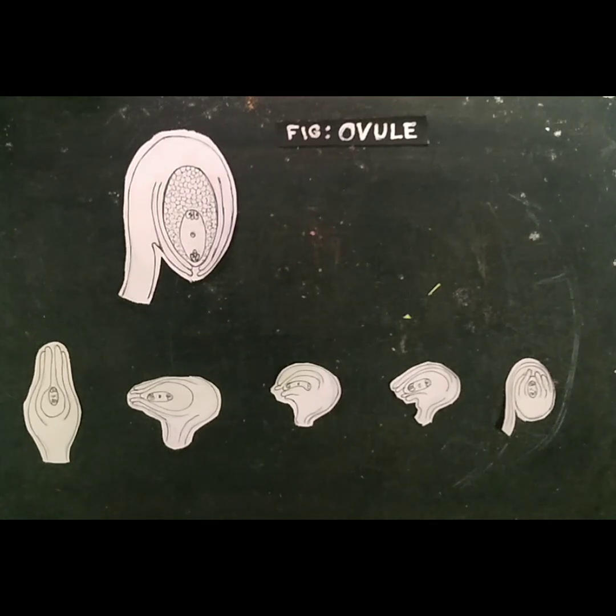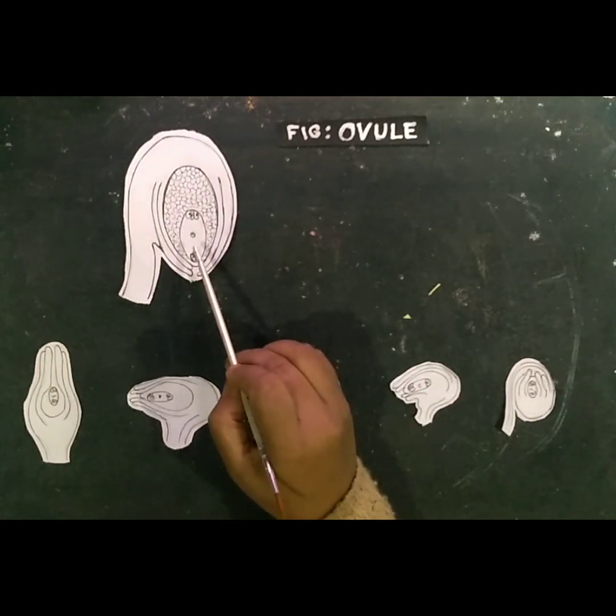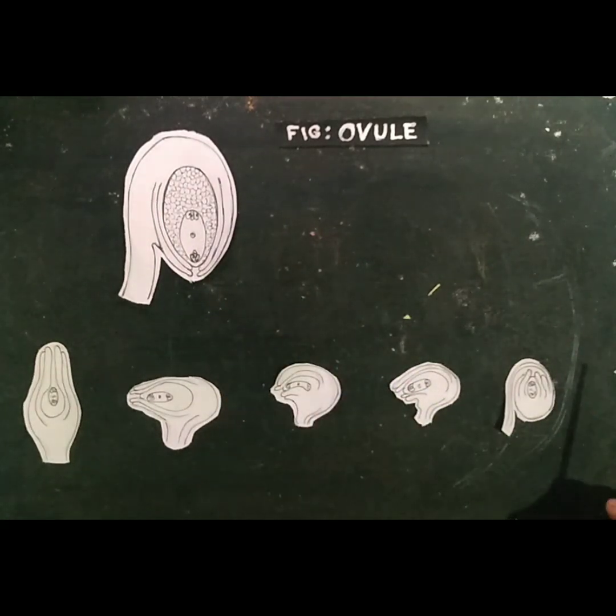And finally we have the circinotropous type of ovule. Here the ovule is initially orthotropous, that is erect, but later becomes anatropous, that is inverted. Then due to unilateral growth of the funicle, the growth continues till the ovule once again becomes orthotropous.